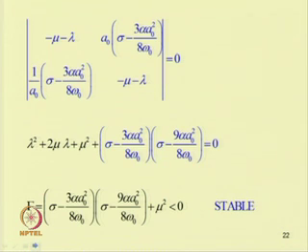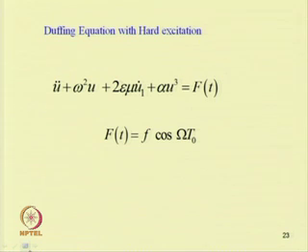One can perform the stability analysis by perturbing the reduced equation and finding the eigenvalues of the Jacobian matrix. If the real part of the eigenvalue is negative, the system is stable, otherwise the system is unstable.